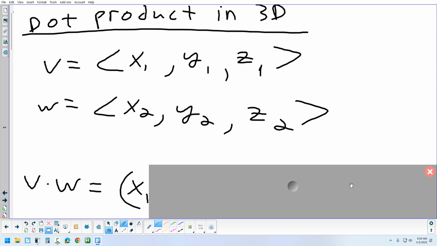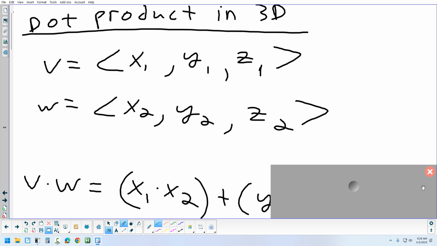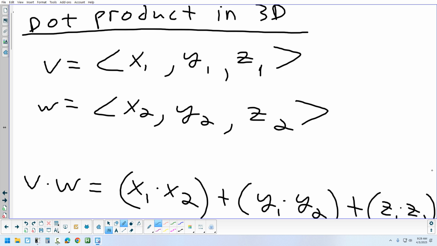Oh. So it's going to follow the same pattern we did yesterday, but just extending it one more time to the z's. x1 times x2 plus y1 times y2 plus z1 times z2. Yeah. So it's the product of the components, all separate, the x components, y components, z components, and then add it up.